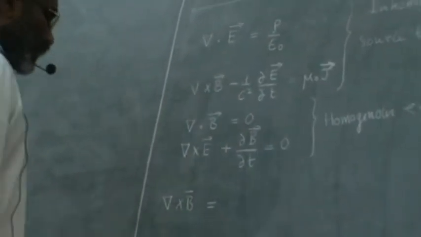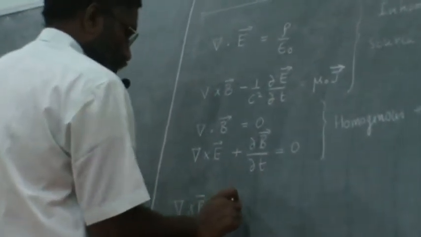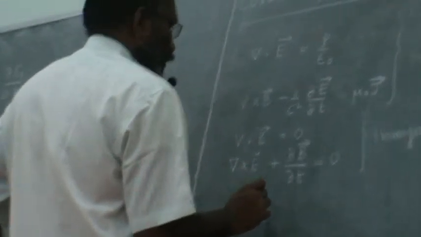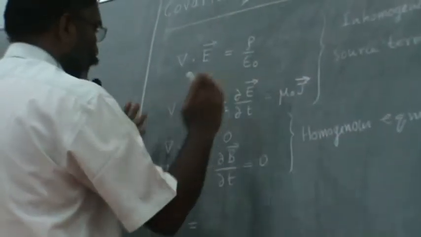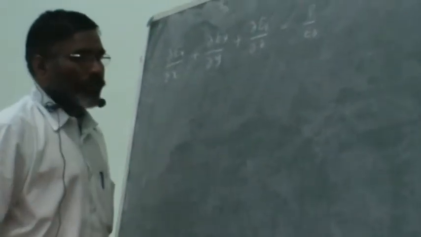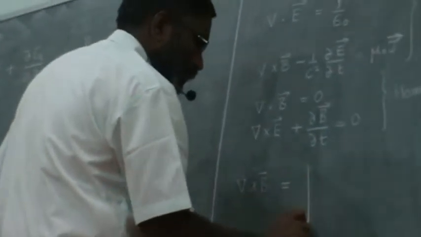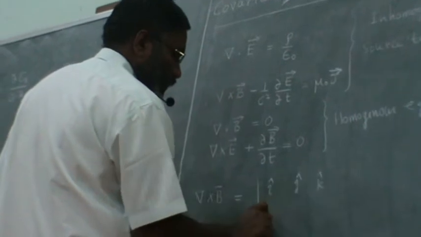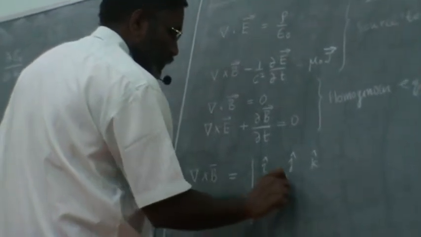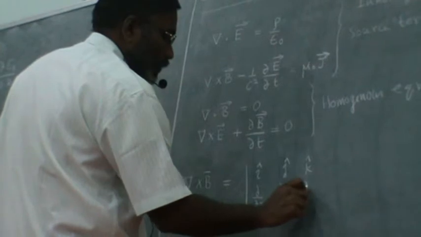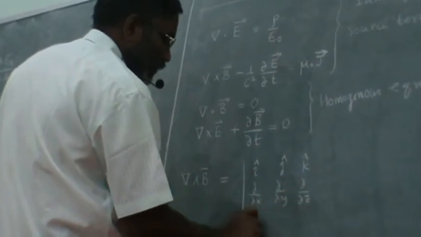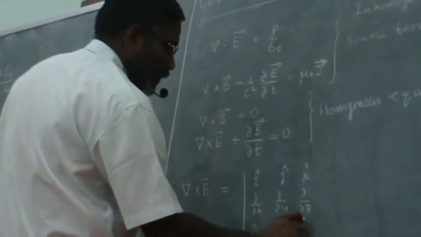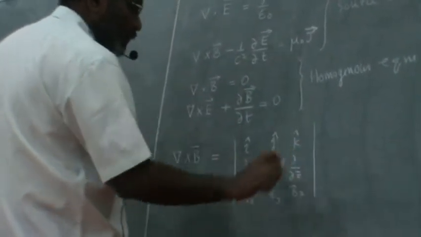Curl B is equal to, the x component of this one, if I write, just imagine that you have i cap, j cap, k cap, ∂/∂x, ∂/∂y, ∂/∂z, Bx, By, Bz.